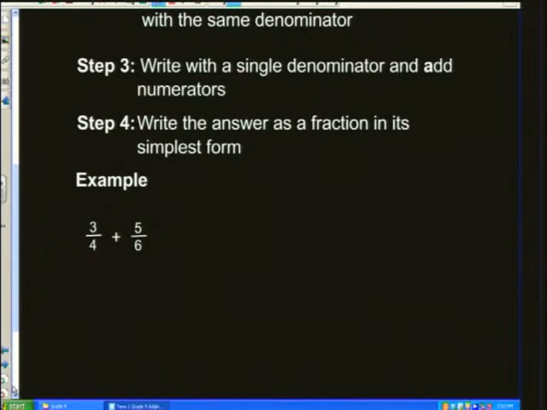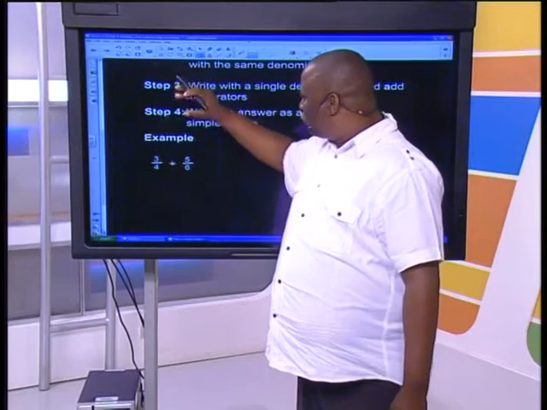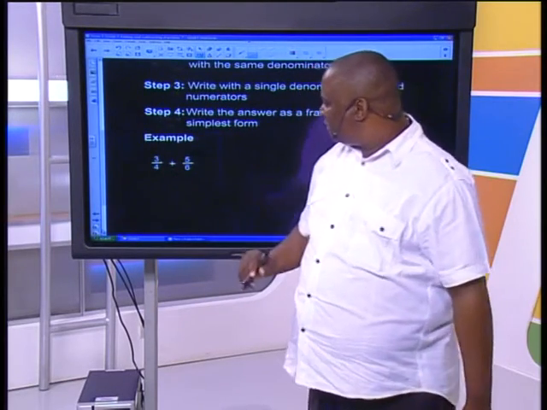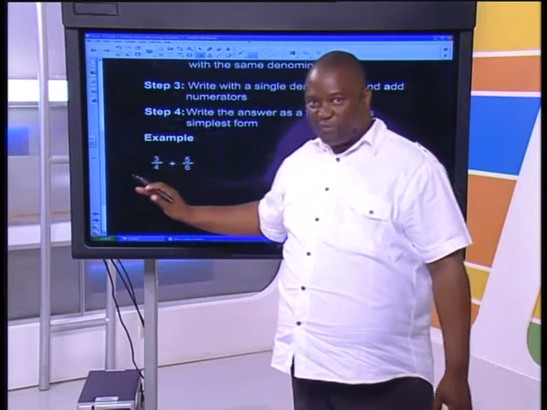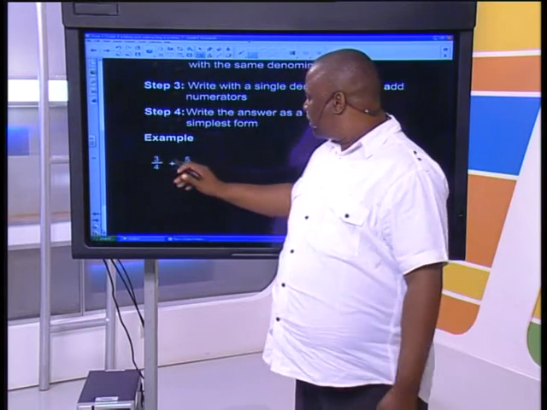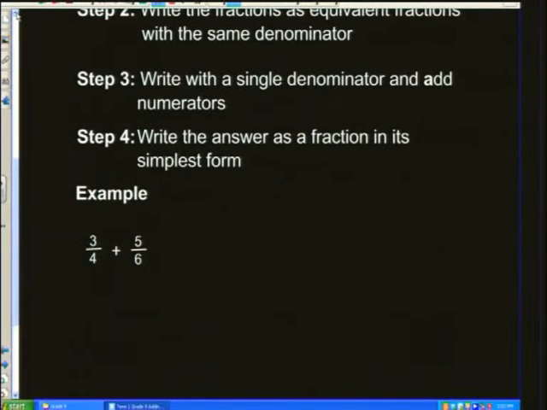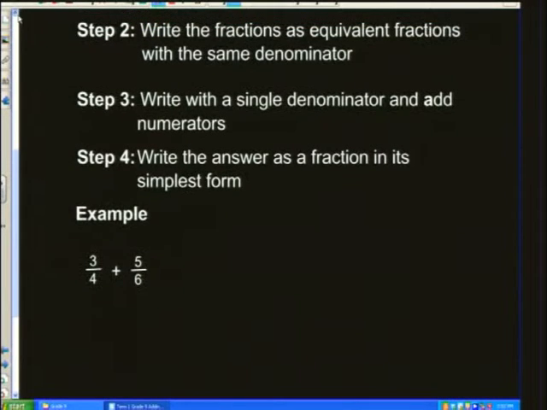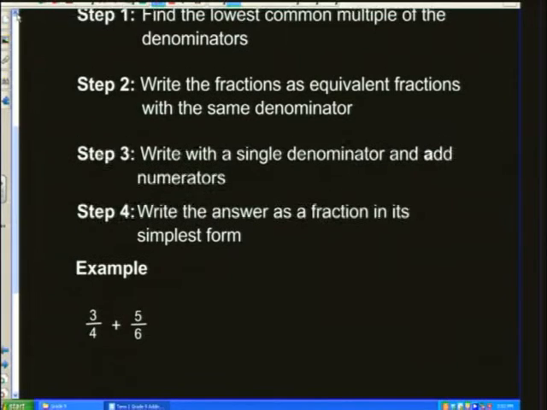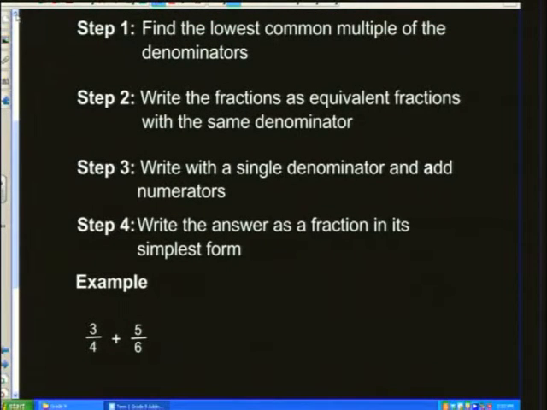Remember, we spoke about the steps to follow, and I've got an example here to show you how I'm going to follow those steps. So we've got 2 fractions here, which we need to add. That is 3 over 4 and 5 over 6. Now, the first step: find the lowest common multiple of the denominators.